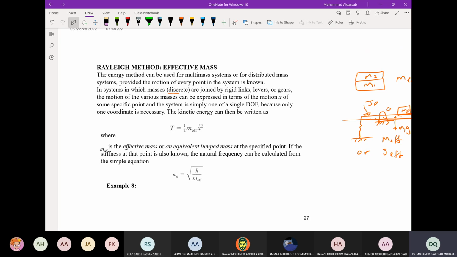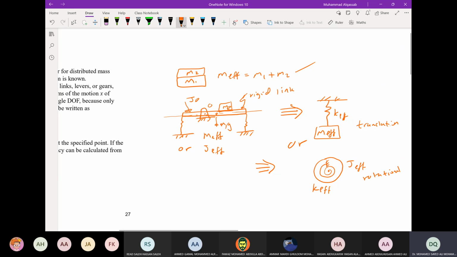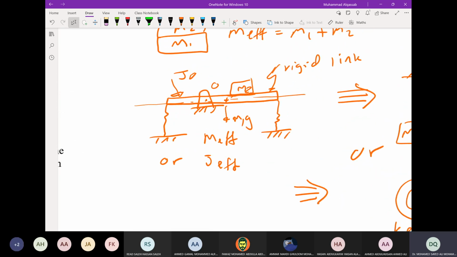For the discrete case, when you add masses, this is very trivial. And when you have a rigid body, like a link here, or a rigid bar, and it carries mass 1 or 2 or more, then the motions of the masses on the rigid bar are related.